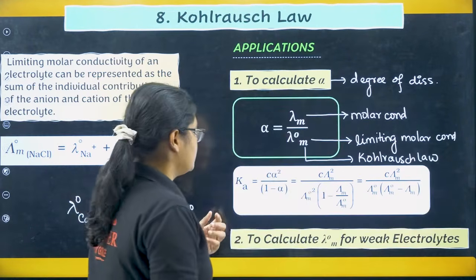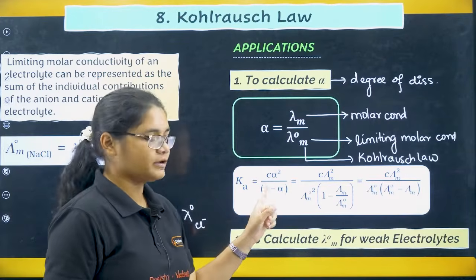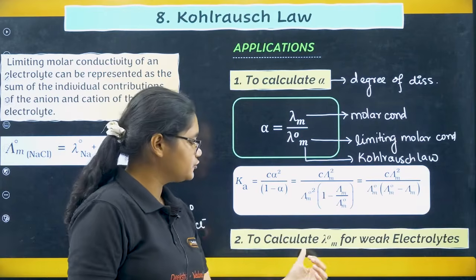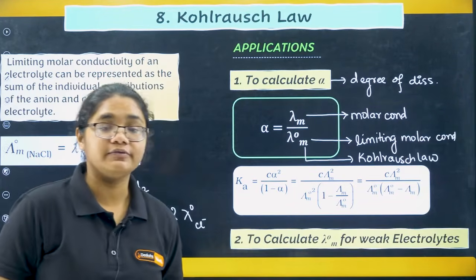So you have the Ka formula, C alpha square by 1 minus alpha, you can substitute here and get this. And it is also used to calculate the lambda naught m for weak electrolytes.